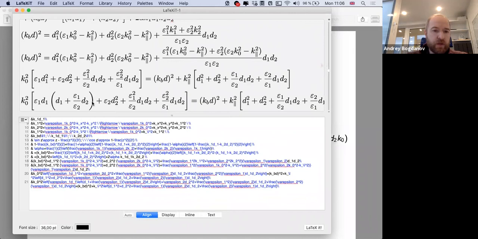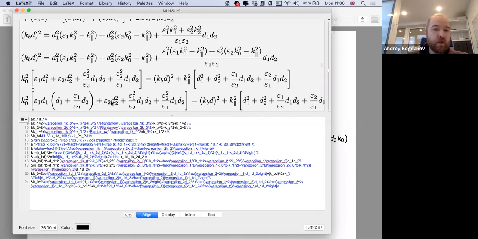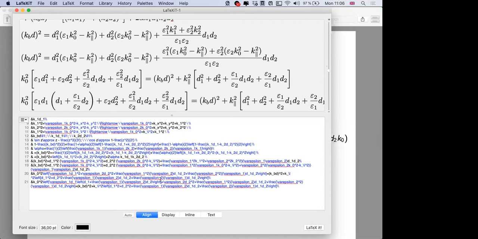This is the first bracket, and you didn't delete the third term. Yes. Let me work with that. It's just first part epsilon 1 d1 plus this one, and then I don't need these terms.